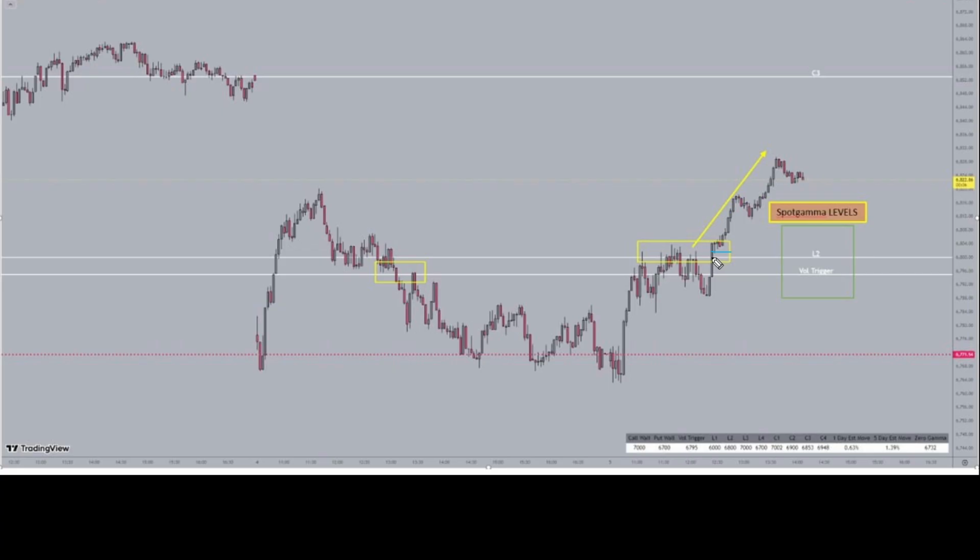Maybe we wanted the price to make a pullback to L2 or the volatility trigger and make a higher high and try to go long here, but price didn't do this.